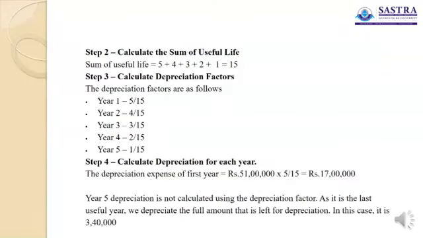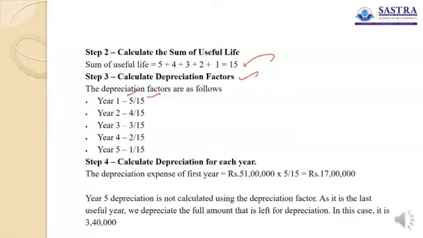Calculate the sum of useful life, 15. And calculate the depreciation factor. This is very important here. For the first year, it is 5 by the total number of digits. 5 is the lifetime remaining from the first year to the last year, and 15 is the total as calculated in the useful life.